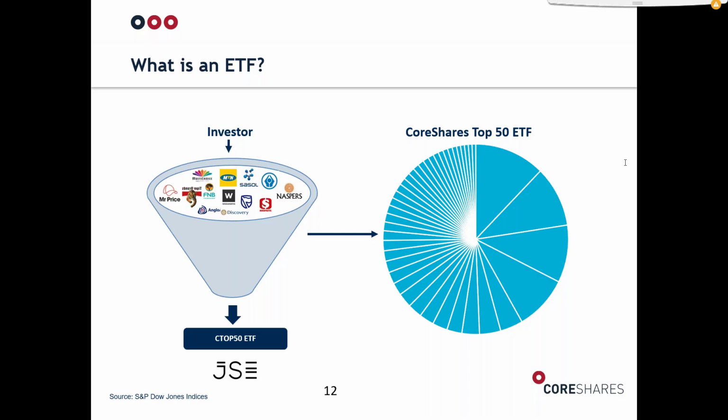Then if you're looking at a Top 40, another option to look at would be our Top 50 ETF. I'm just using this because cost does not determine everything. So why would you buy, let's say, the CoreShares ETF over another Top 40 ETF if that Top 40 ETF was cheaper? Well, you would buy it because the Top 50 ETF has a cap of 10%, so you don't have as much single share exposure, which gives you a more diversified portfolio.